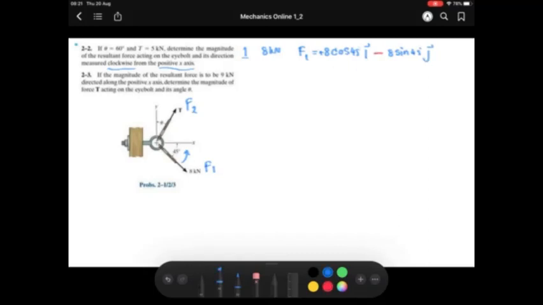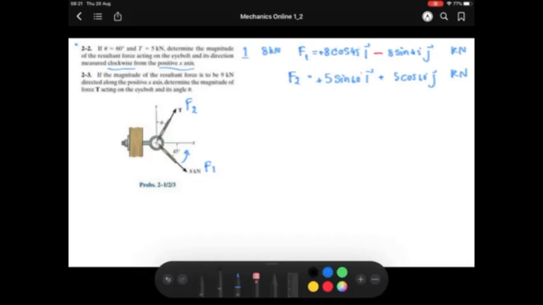For F2, T is 5 sin 60 in terms of i, which is plus, and 5 cos 60 j, which is plus as well. And don't forget they should have the unit kilonewtons.